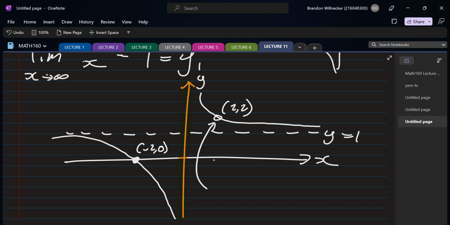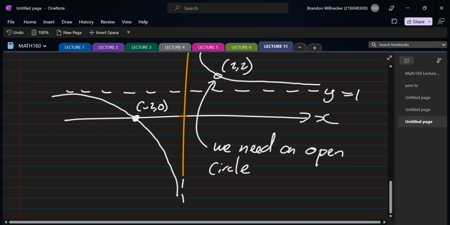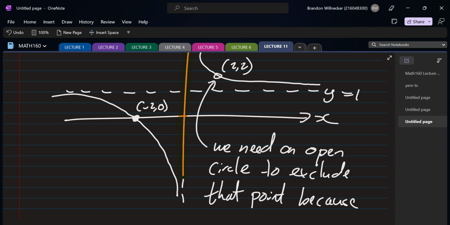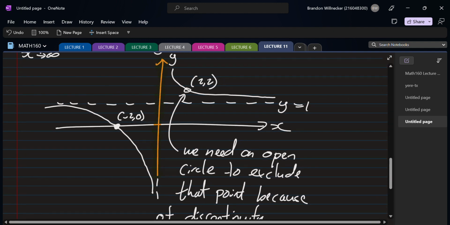So this open circle means we don't include the point because of that discontinuity. So we need an open circle to exclude that point, because of the discontinuity.